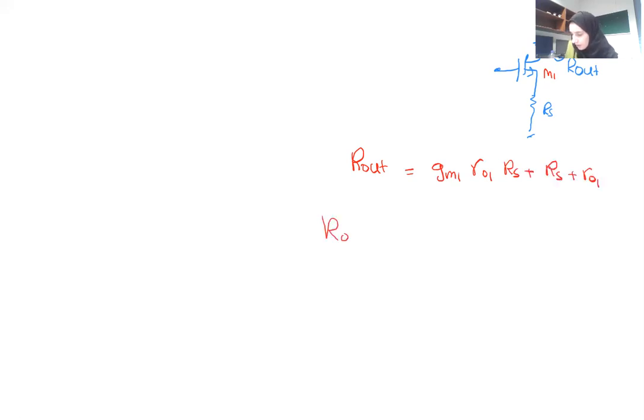If you do R out equals R out 1 plus RS as if they were in series, this is wrong. They are not in series. How did we know this is the correct expression? We derived it in an earlier lecture from the small signal model. I hope that I answered your question.